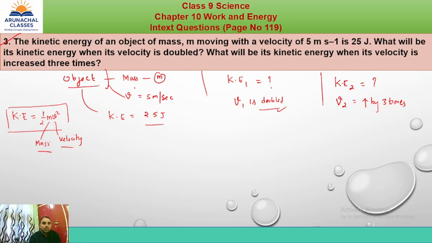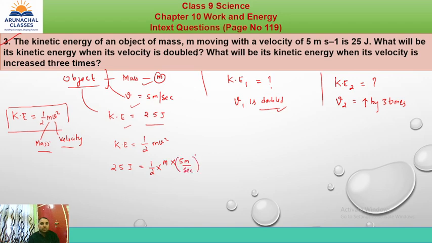Now here in the initial part of the question, mass m is not given, velocity is given, and kinetic energy is given. So just see the formula. Kinetic energy is equal to half mv square. So we place kinetic energy as 25 joule, half, multiplied by mass m, and velocity is given as 5 meter per second.